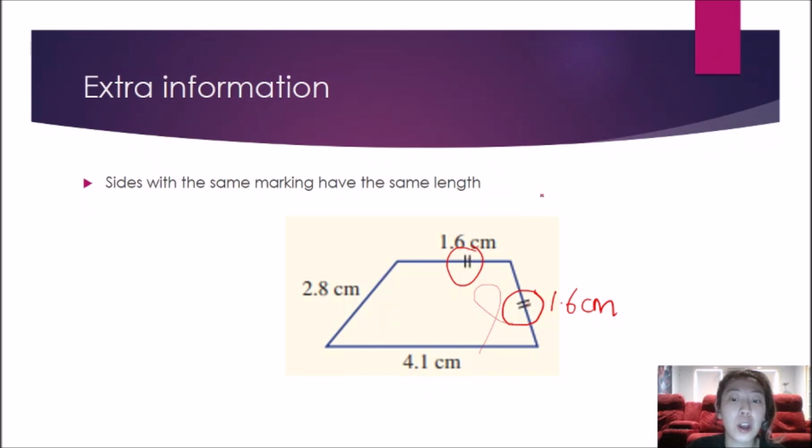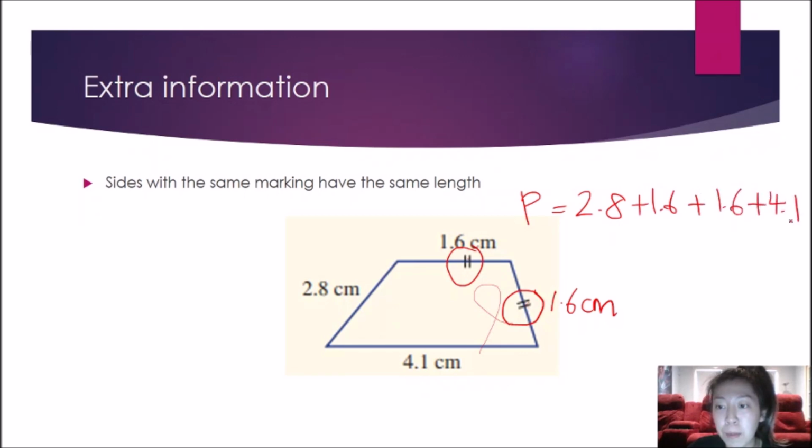The perimeter would be calculated as 2.8 plus 1.6 plus 1.6 plus 4.1, and then you would calculate that, which would be whatever centimeters. In perimeter, you always need to make sure you include your units.